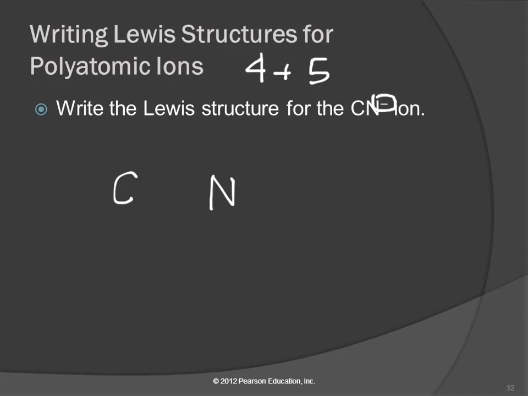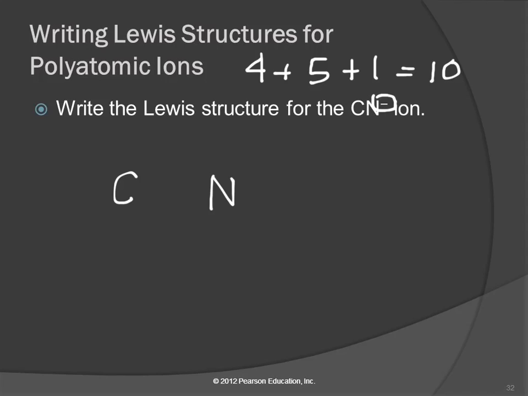Does that mean we have an extra electron or we're short one? Extra, because electrons have negative charges. If the ion has a negative charge, that means there's extra electrons. So I need to add 1 for the negative charge. So 4 plus 5 plus 1, I learned this morning, is 10, not 8. Yeah, you learn something new every day.